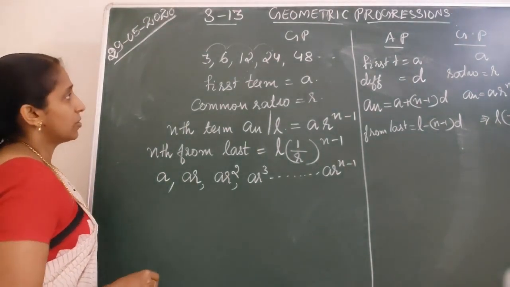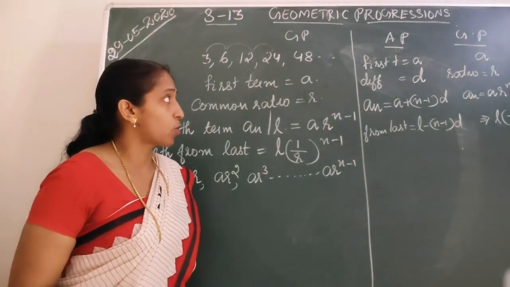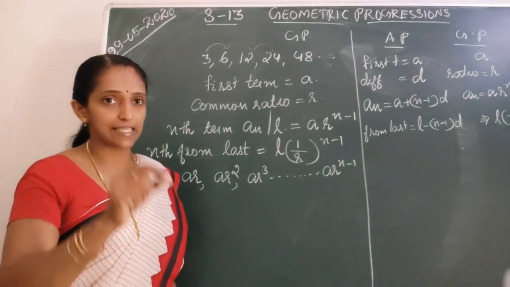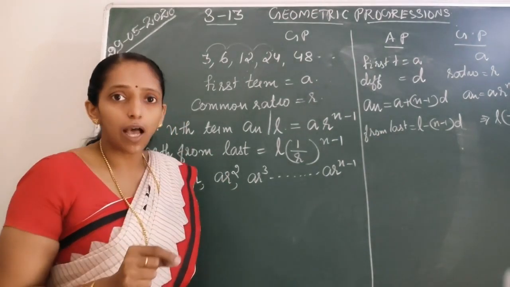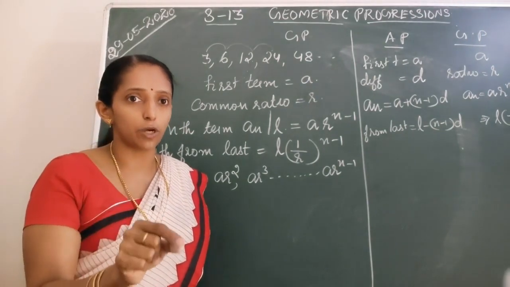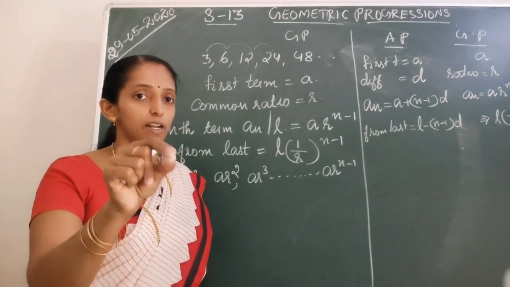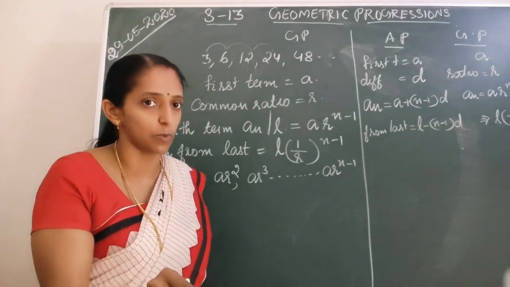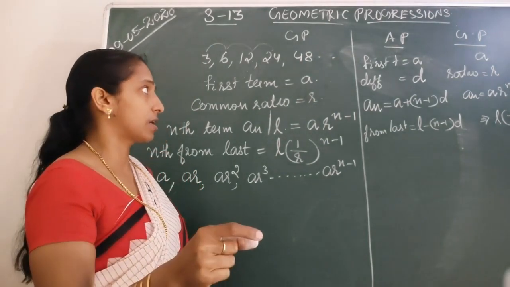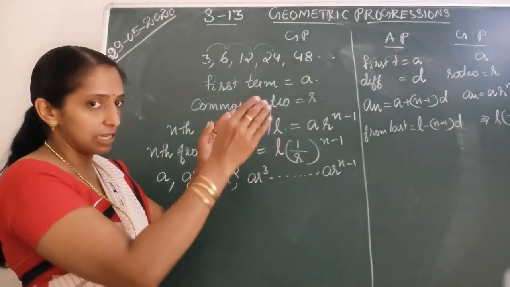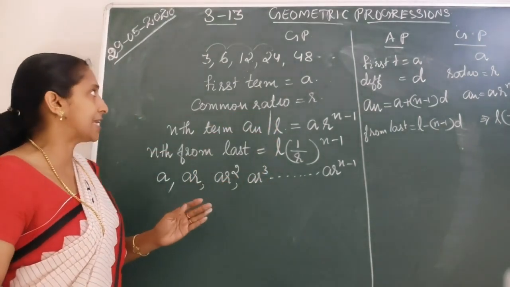Right? So take out your classwork copy and write down the second term, geometric progression. Then write the definition of geometric progression that is given in your textbook. The same definition you will note down in your classwork copy. Leave some space there so you can do it later.